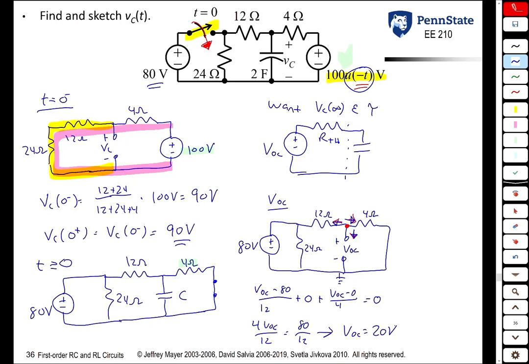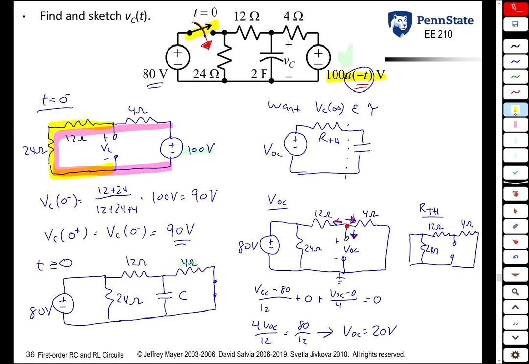If you wanted to find R Thevenin, the voltage source is replaced by a short, 24 ohm, 12 ohm, 4 ohm.